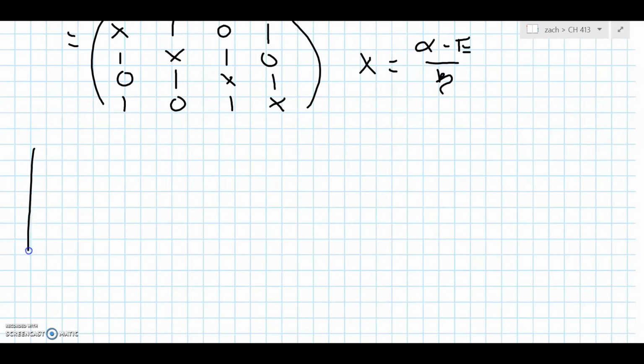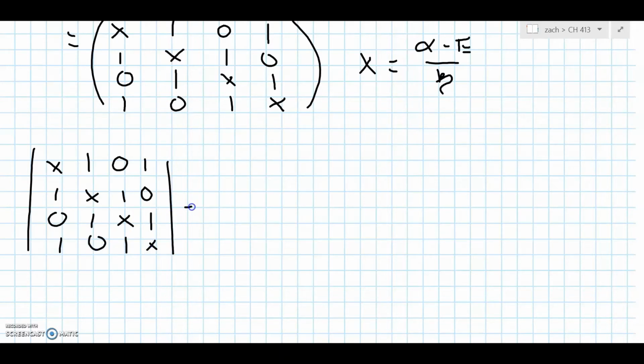So we have x, 1, 0, 1; 1, x, 1, 0; 0, 1, x, 1; 1, 0, 1, x. This determinant, that's what the bars are representing, is equal to 0. We're going to calculate the minors for this. So we have x times the determinant of x, 1, 0; 1, x, 1; 0, 1, x.